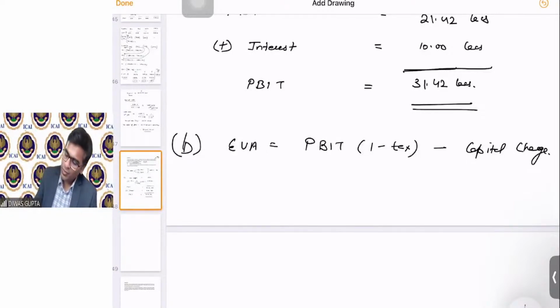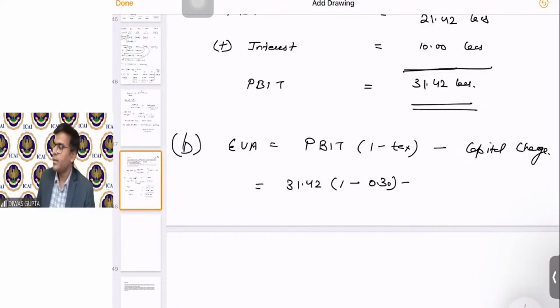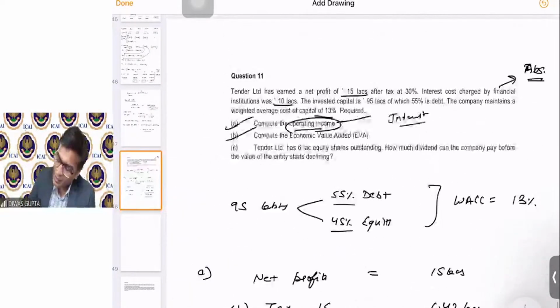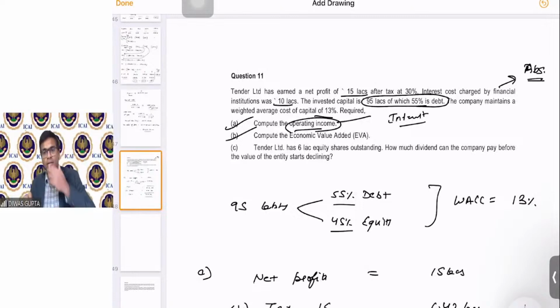So this will be 31.42, 1 minus 0.30, right? That is the 30% tax rate, minus 13% is already given as the WACC, right? Into capital invested is how much? 95 lakhs, right? So even this split is not used as of now. You're getting my point? This split is also not used as of now.